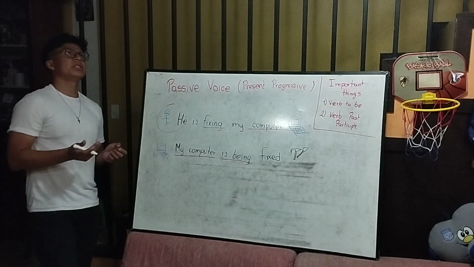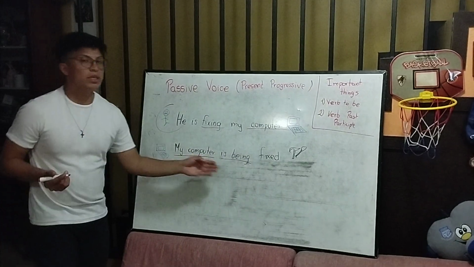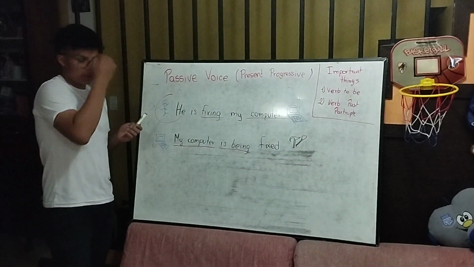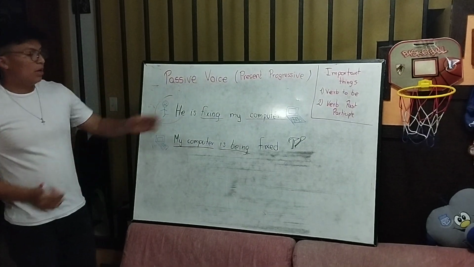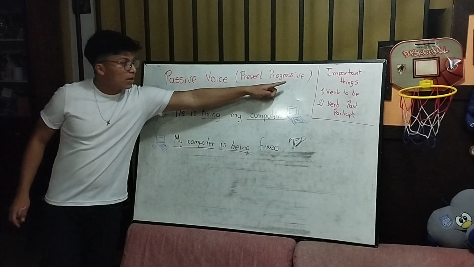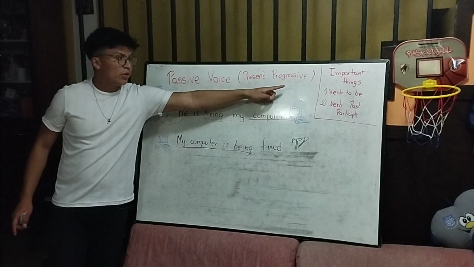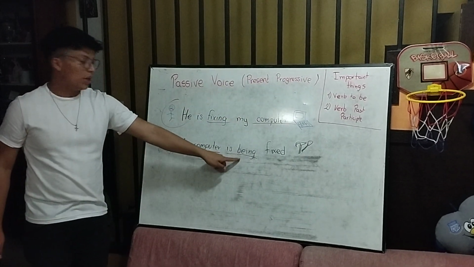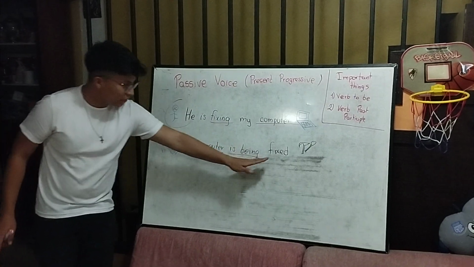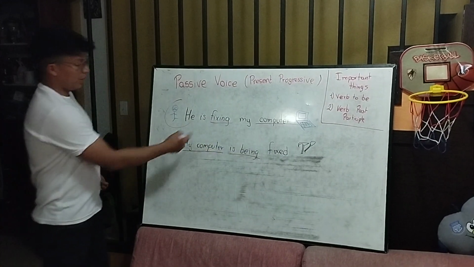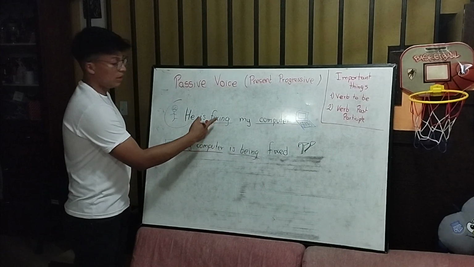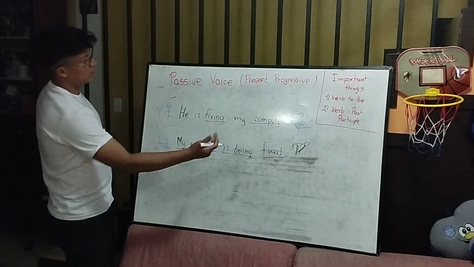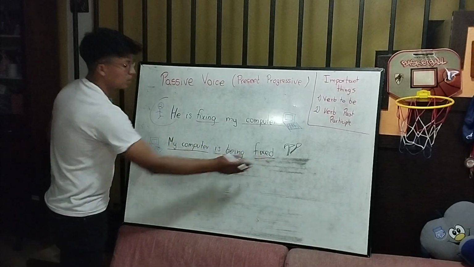In Spanish we say está haciendo, but it changes with the different times. Remember, the first most important thing is the verb to be, and in this case we use being. And fixed, the verb in the active sentence, is the verb in past participle.